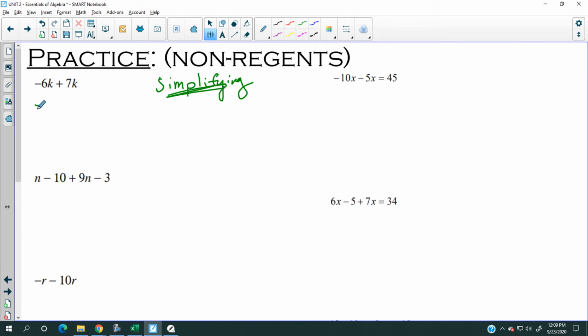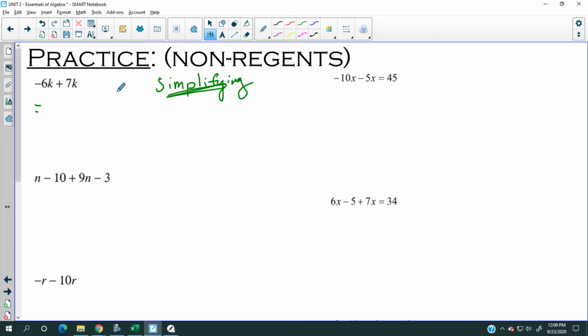Now, same family. Some of you might be asking, okay, I know that they're in the same family, but how does that help me? It helps when you're combining them, meaning you're operating with like terms. For example, negative 6k plus 7k.